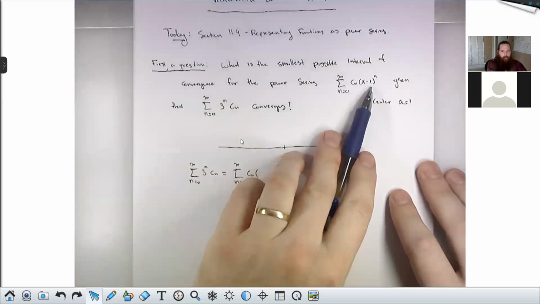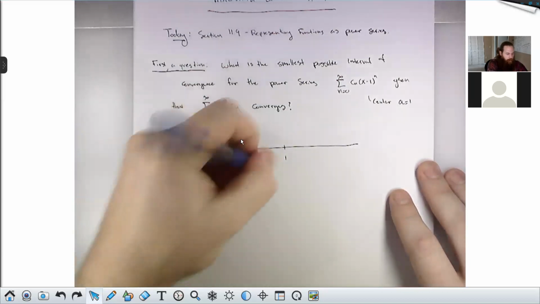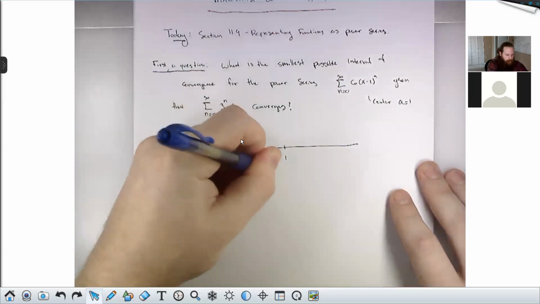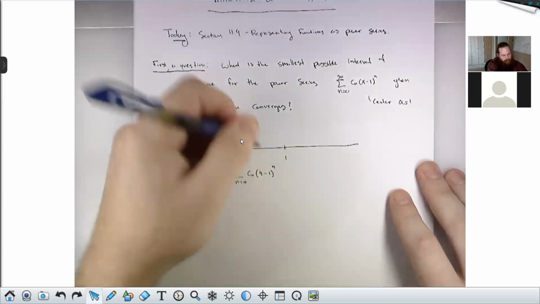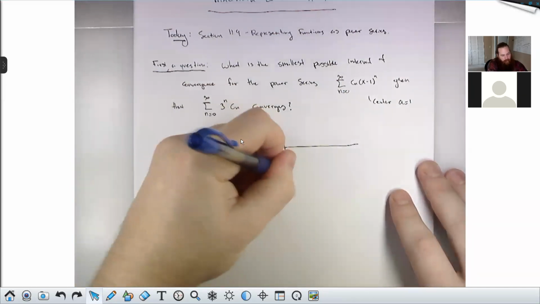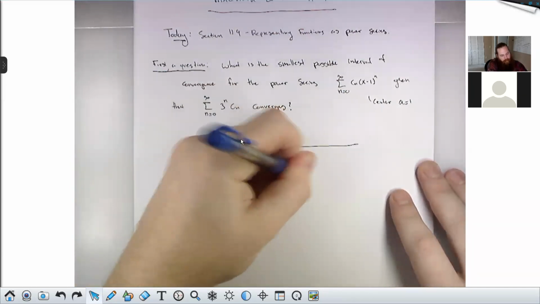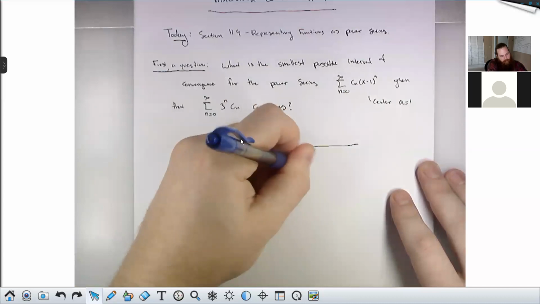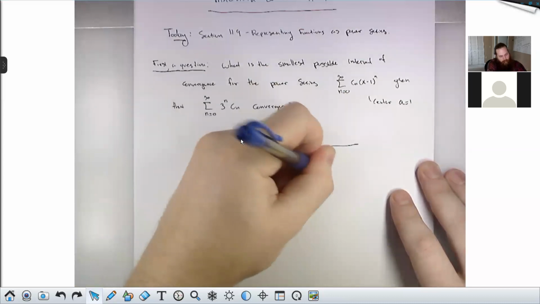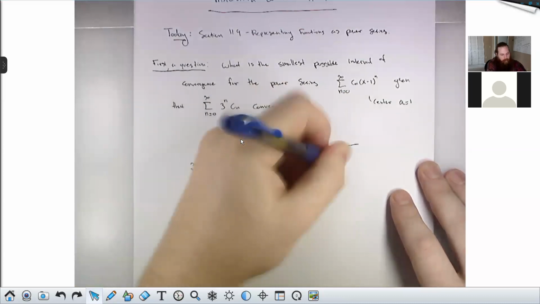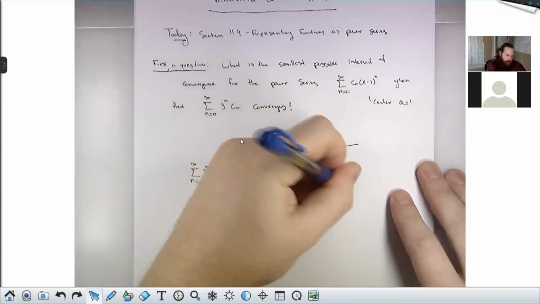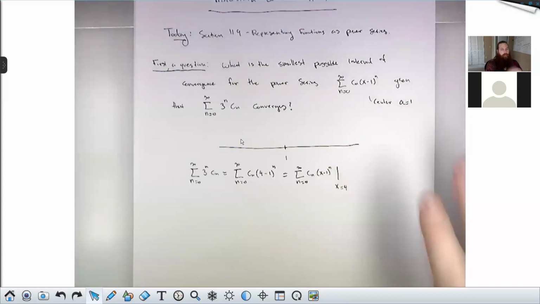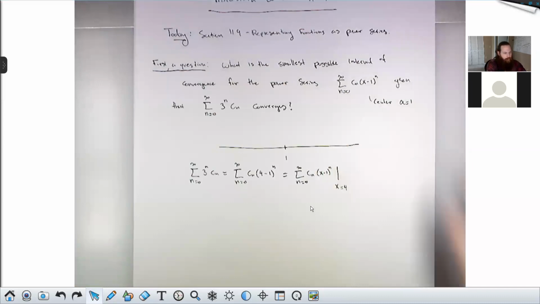Well, if this is (x - 1)^n, and I've got a 3^n here, this is the same as (4 - 1)^n, which is equal to my power series evaluated at x equals 4. So I'm told that my series converges when you plug in x equals 4.